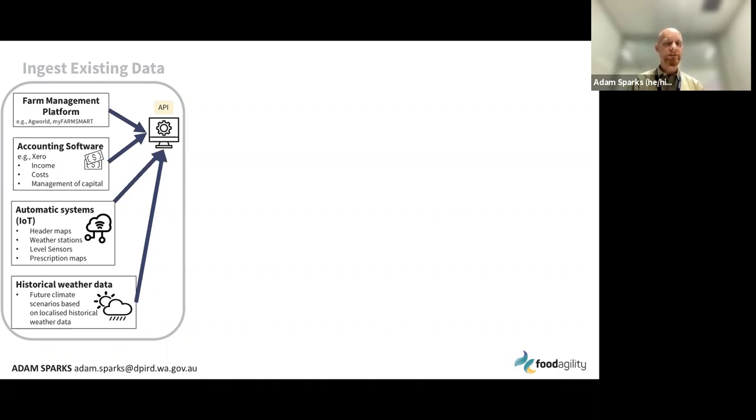Wes also likely has things like automatic systems or Internet of Things. So header maps come in, weather station data, level sensors, prescription maps, these sorts of things, and historical data from weather stations nearby that we use to run a model using past weather as future climate. So we take the last 3 to 5 years and then we predict out about 20 years into the future using that.